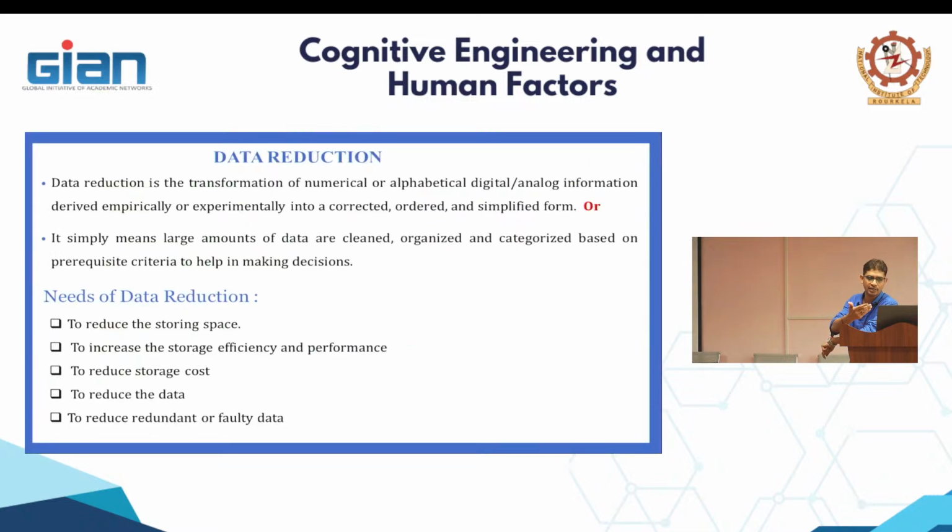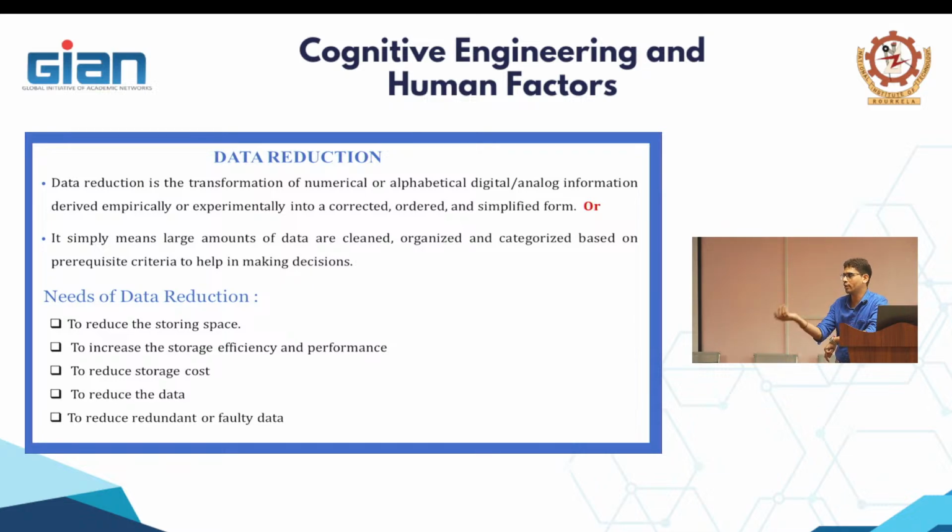So data reduction is another need. If I keep on just collecting data, thousands or lakhs of data points, from any survey or any kind of sensor I am using for measuring, then it is going to give me thousands or lakhs of data. Then the storage problem will be there, and increasing storage capacity means decreasing efficiency.